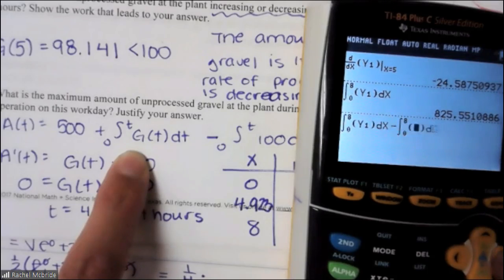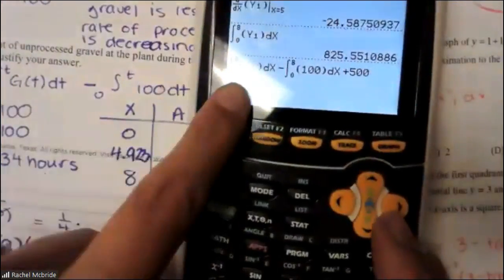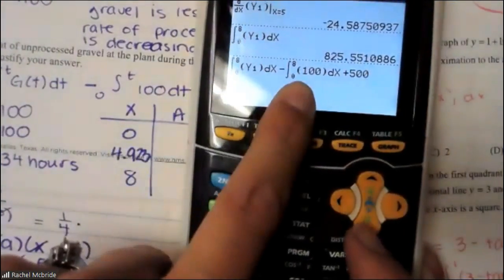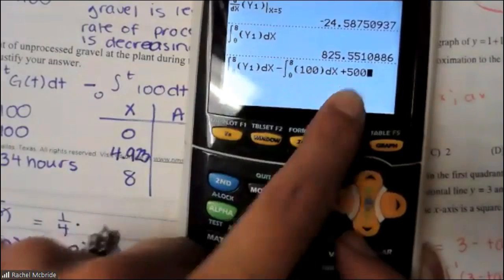So since I already have 8 plugged in, I'm just going to start with the n. And don't forget your initial condition of 500. So there's my g of t, there's my 100, and here's my initial condition.